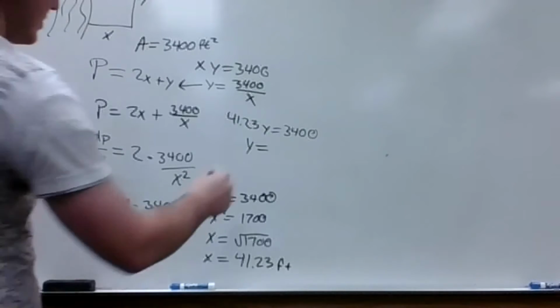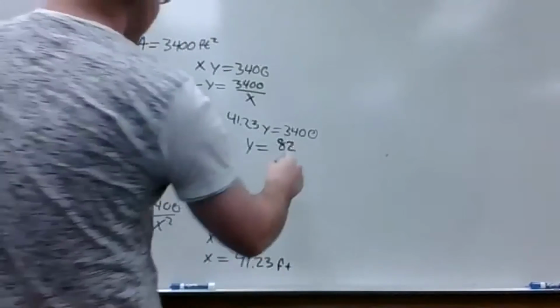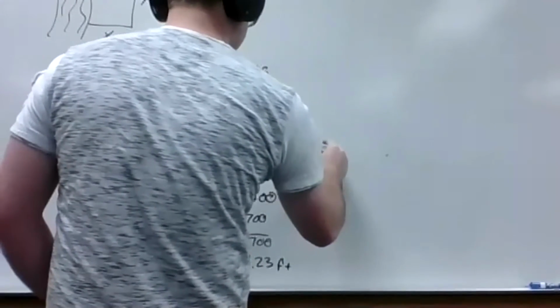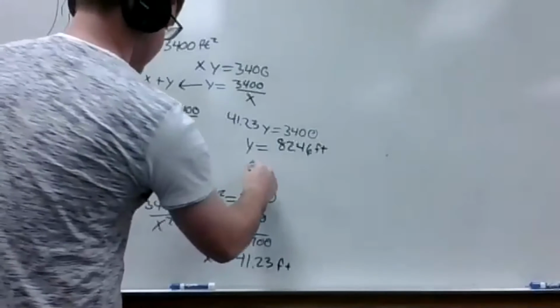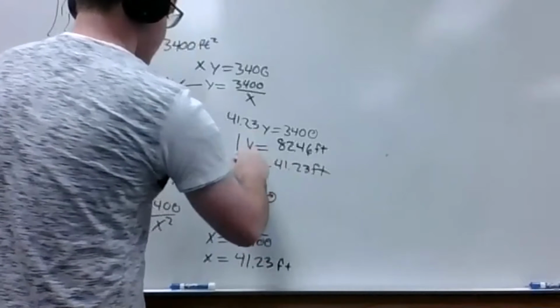I get like 82.46. So now we know our dimensions that keep the same area but minimize the amount of fence we have to use.